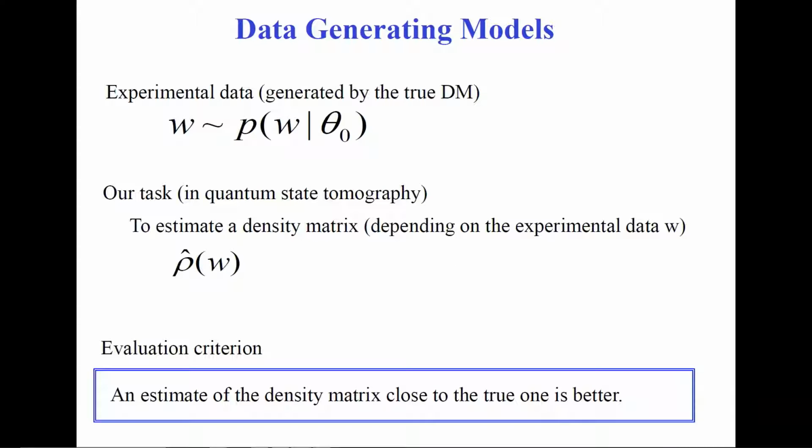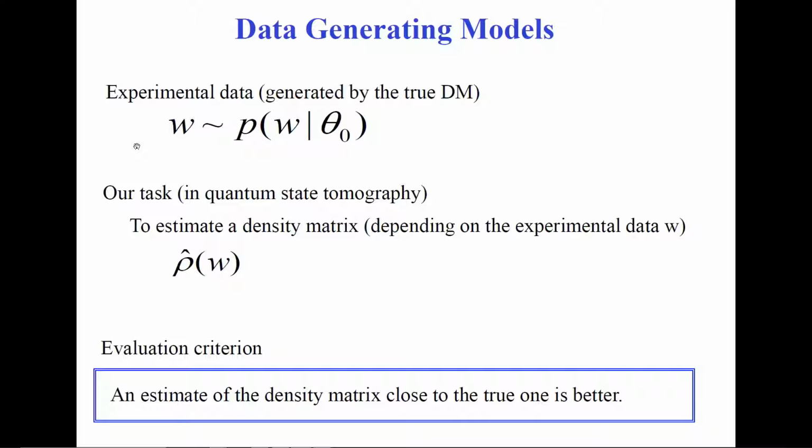Let us briefly review the setting. Experimental data denoted by W is generated by the true density matrix through certain physical measurements. And the true density matrix, of course, depends on the true parameter theta 0.